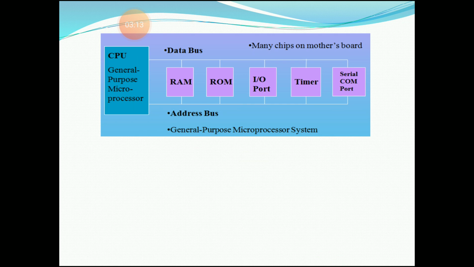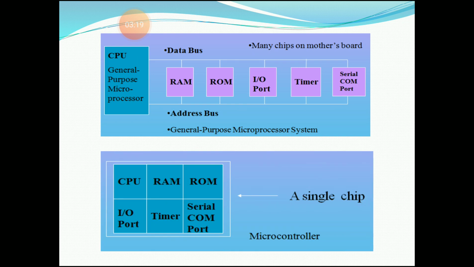Now let us see the difference between microprocessor and microcontroller by using diagrams. The microprocessor is a single chip, and RAM, ROM, I/O devices, timers, and serial communication ports are connected externally by using address and data bus to make a microprocessor based system.